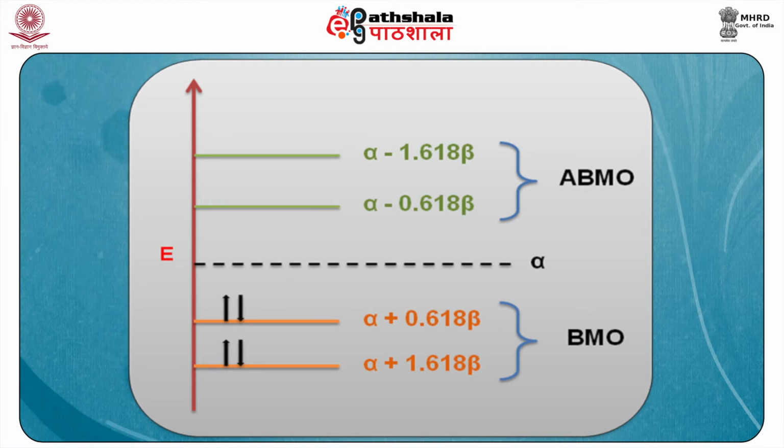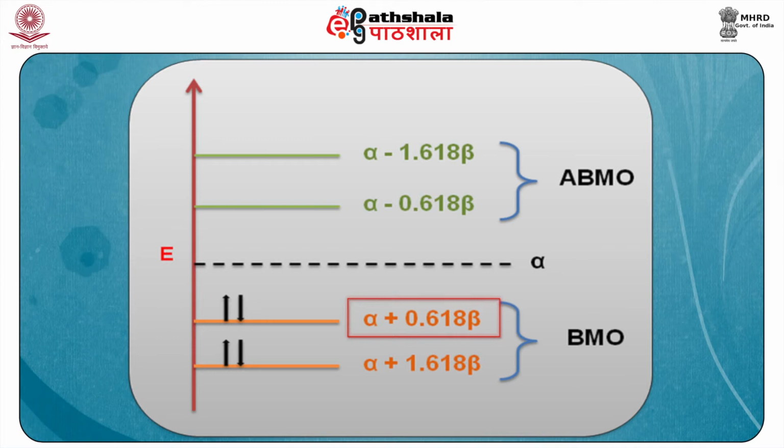You see here that we have at the bottom an orbital which has energy equal to alpha plus 1.618 beta. This is the bonding molecular orbital energy. Then next is alpha plus 0.618 beta.